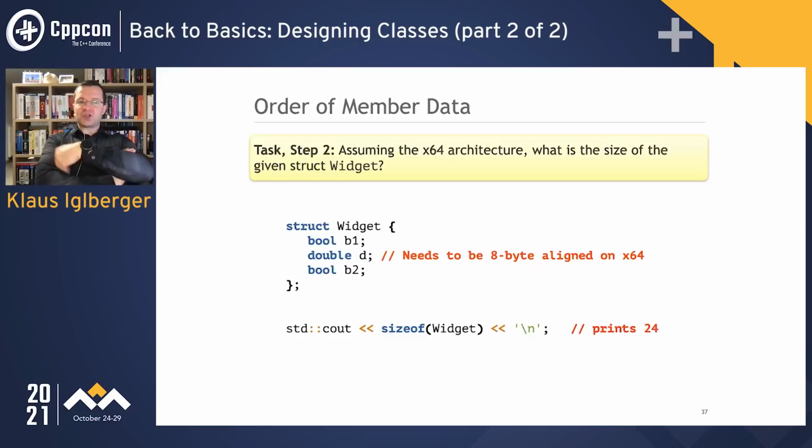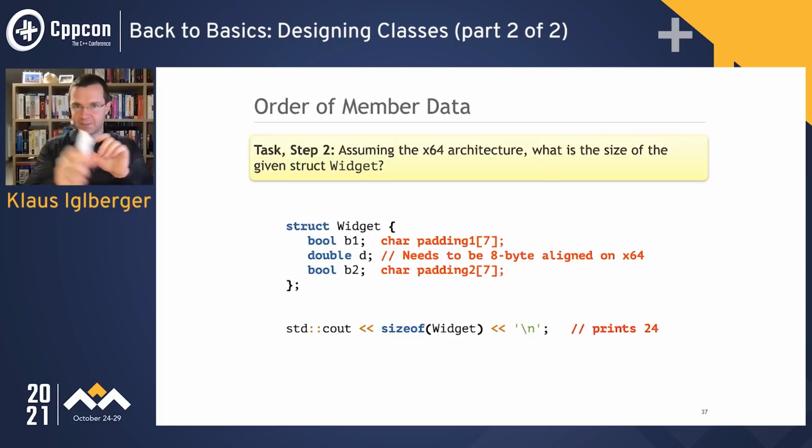So by just switching from float to double, we suddenly have doubled the size. And yes, the double wants to be 8-byte aligned on x64. 8-byte alignment now triggers padding for both booleans by 7 bytes. 2 times 7, 14 padding bytes, where the real data is actually only 10 bytes.